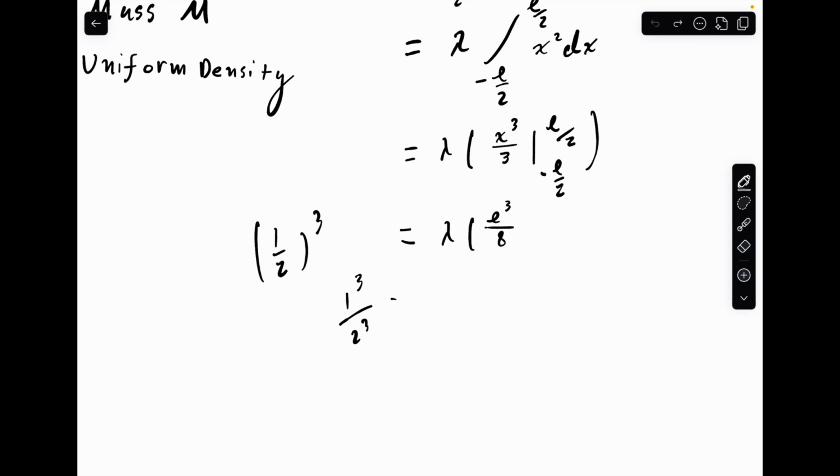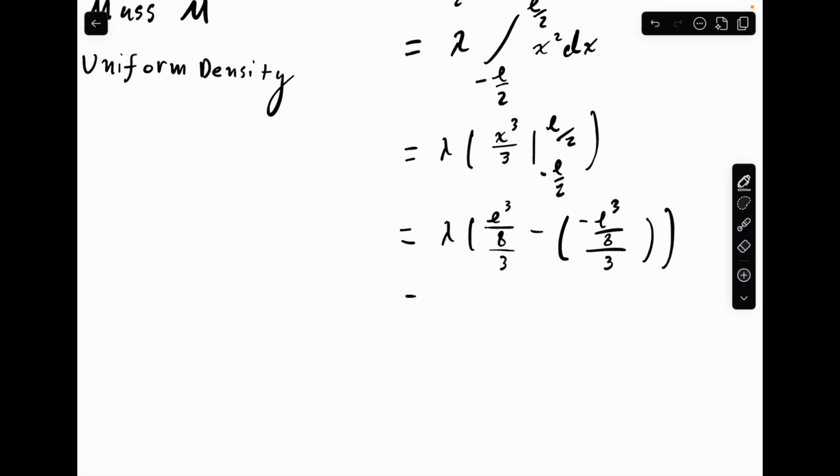Bam, done. But there was also that little divided by 3 that I'm forgetting about, so I'll put that there. And now minus, and the other one is going to be negative L over 2 to the third, which will become negative L to the third over 8 over 3.